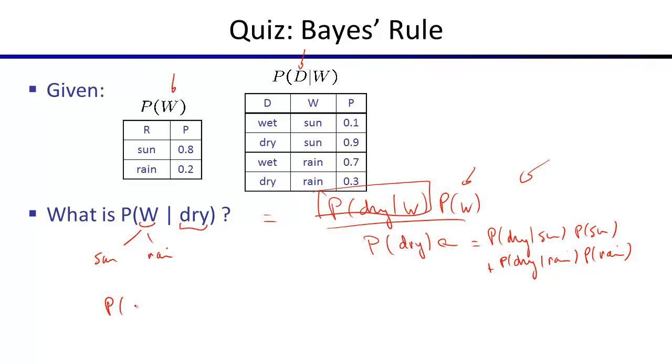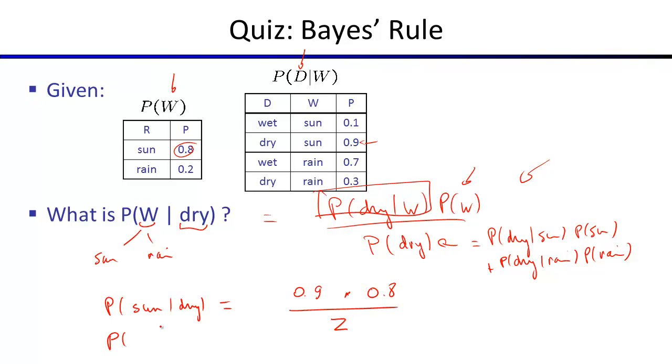So let's do probability for sun given dry. We have dry given sun, which is sitting over here, 0.9, times the prior for, in this case, sun, which is 0.8, divided by the normalization constant z.